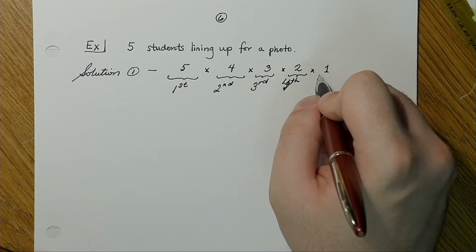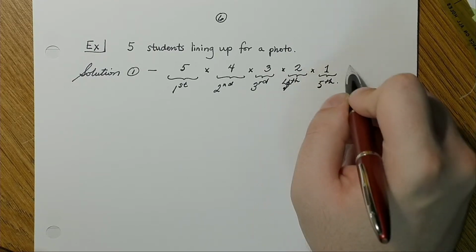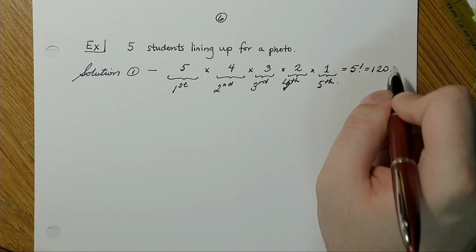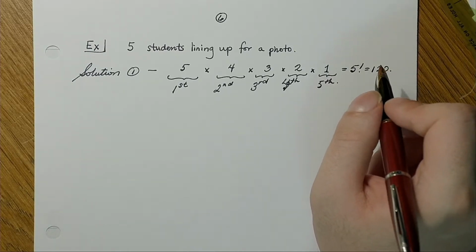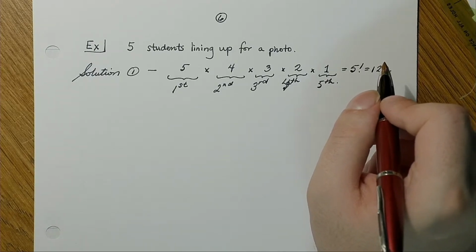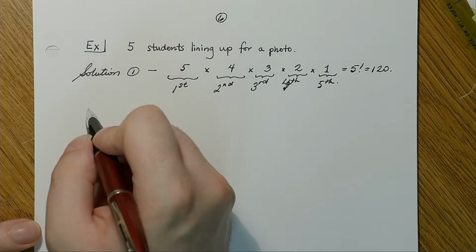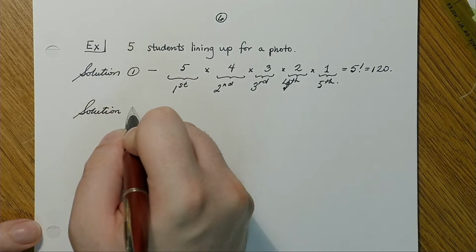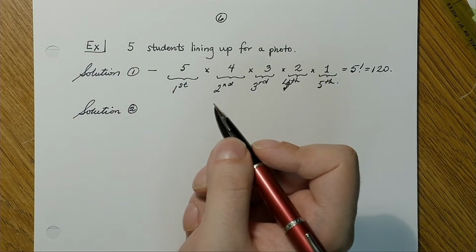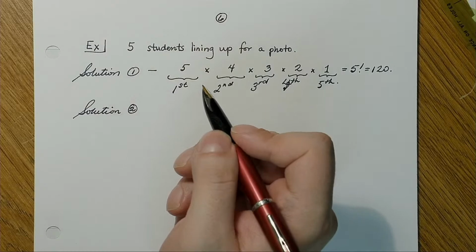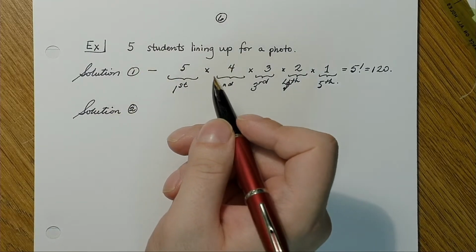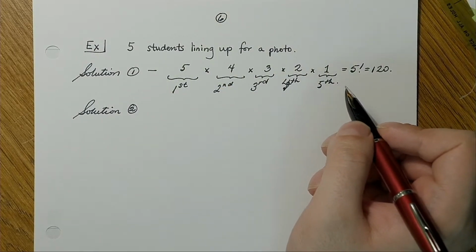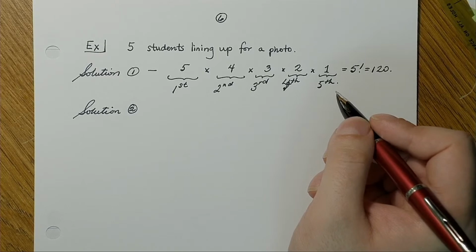And for the fifth one, we would have the remaining student. So that's 5 factorial, or 120. Great. So let's say the photographer had all 5 students show up at once, and he was able to line them all up. There's 5 factorial different ways, but we can think of it in a different way.